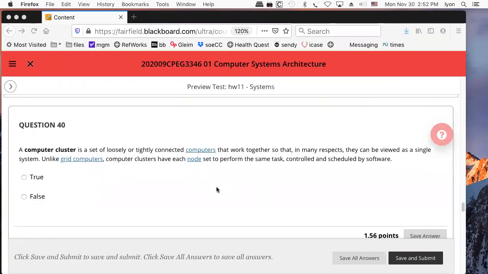Let's see. Computer cluster is a set of loosely or tightly connected computers that work together so that in many respects they can be viewed as a single system. Unlike grid computers, computer clusters have each node set perform the same task controlled and scheduled by software. What do you think? Is that true or false?